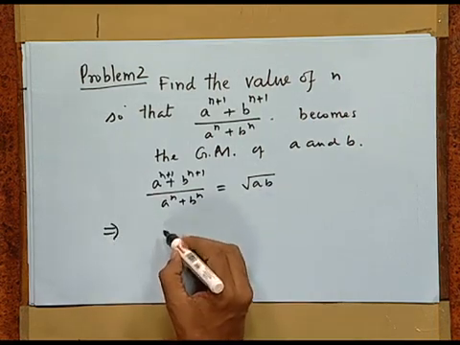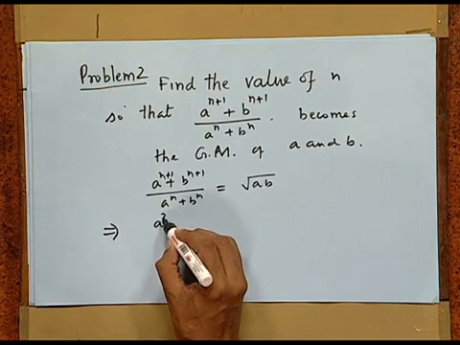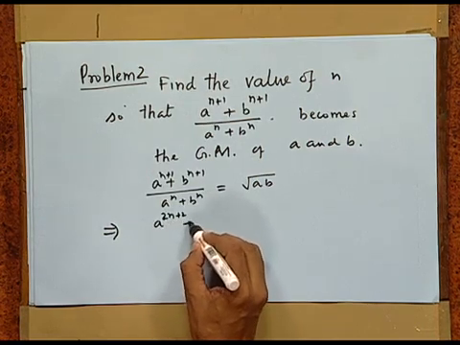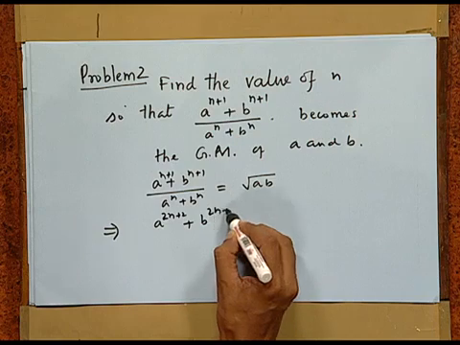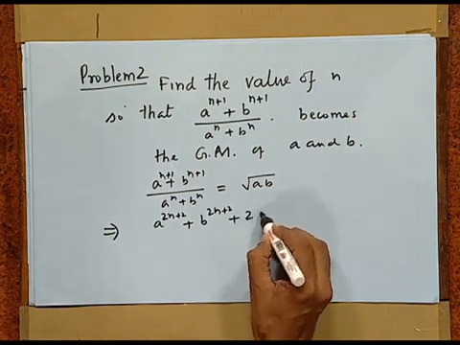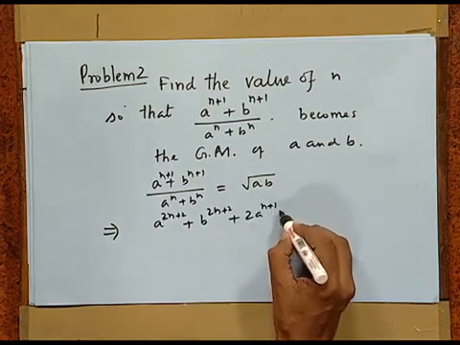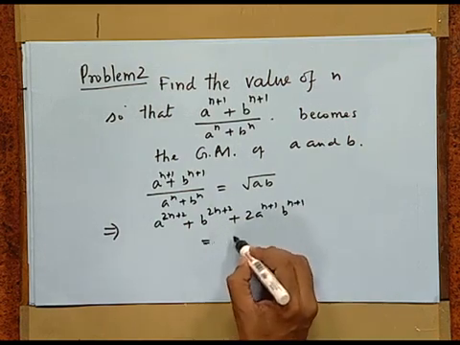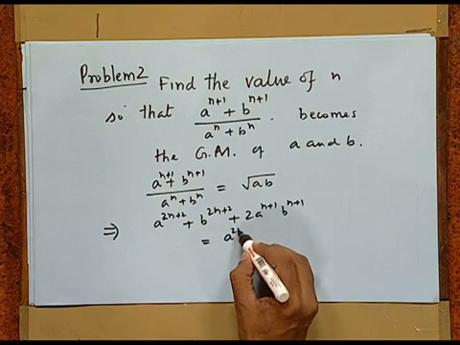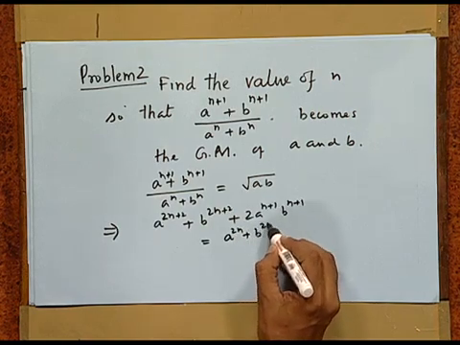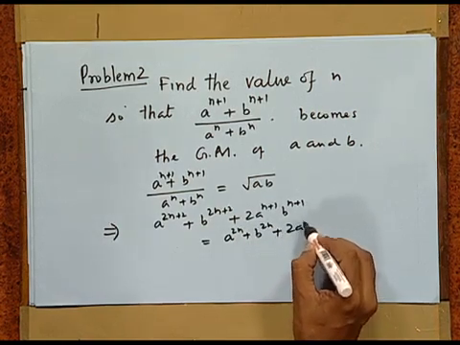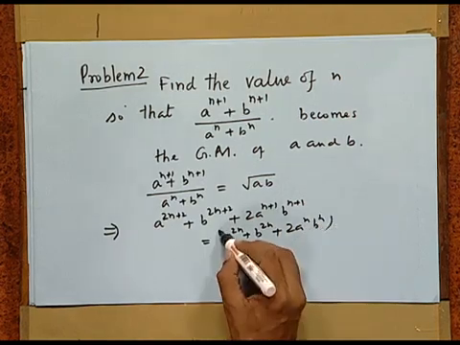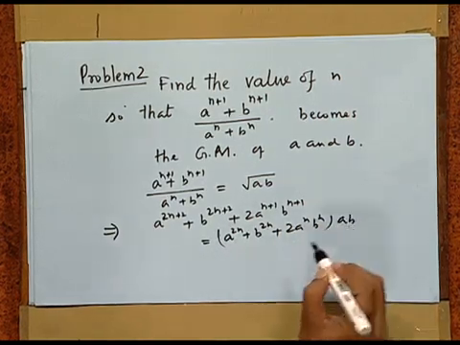On squaring both sides, we get a power 2n plus 2 plus b power 2n plus 2 plus 2 a power n plus 1 b power n plus 1 equals (a power 2n plus b power 2n plus 2 a power n b power n) times ab.